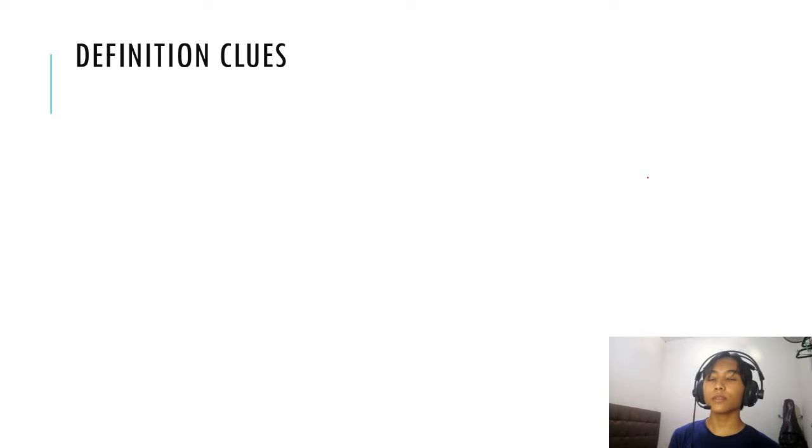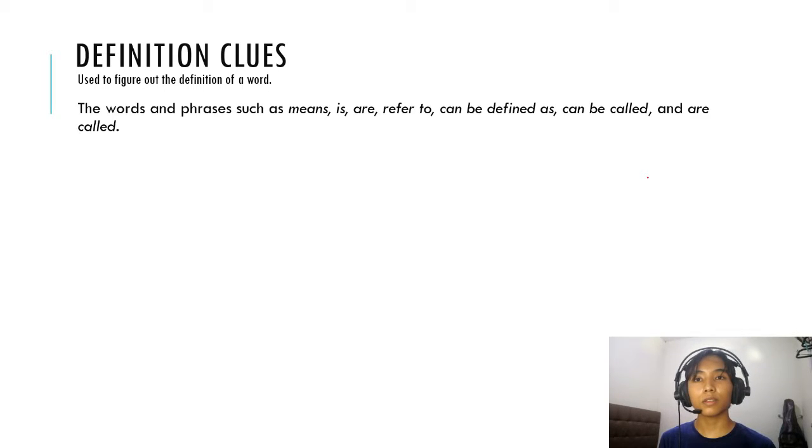What are definition clues? Definition clues are a sufficient explanation that follows the word, used to figure out the definition of a word. So, the writer usually uses a special word to explain it.